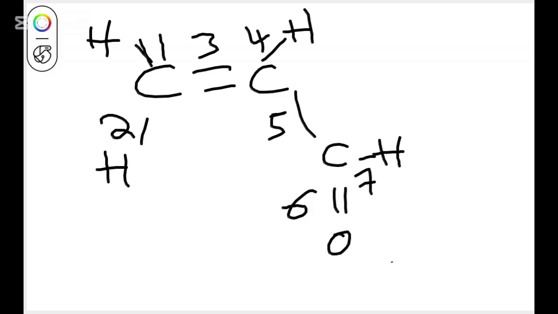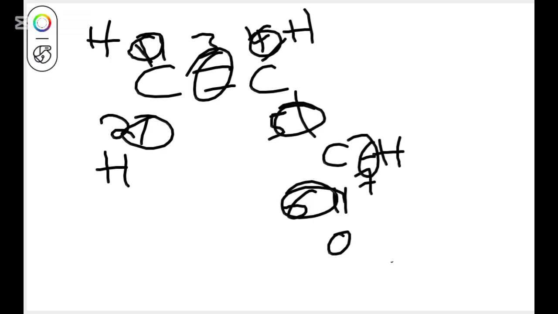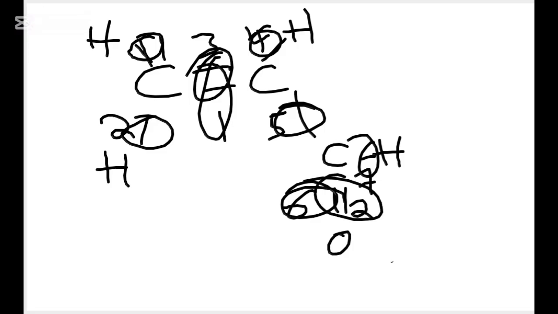So I'm having 7 sigma bonds. But at this point, how many pi bonds do I have? I have only this one, and the second one, which is this. So therefore I have 7 sigma bonds.